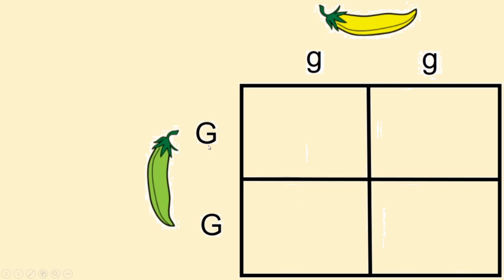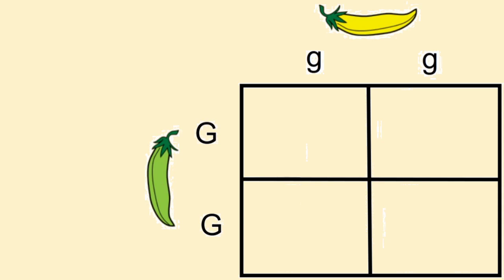We always write alleles using the same letter, so we wouldn't do big G and little y for yellow, for instance. So if you were doing, let's say brown eyes and green eyes, you'd do capital B and lowercase b. You wouldn't do B for brown and G for green.